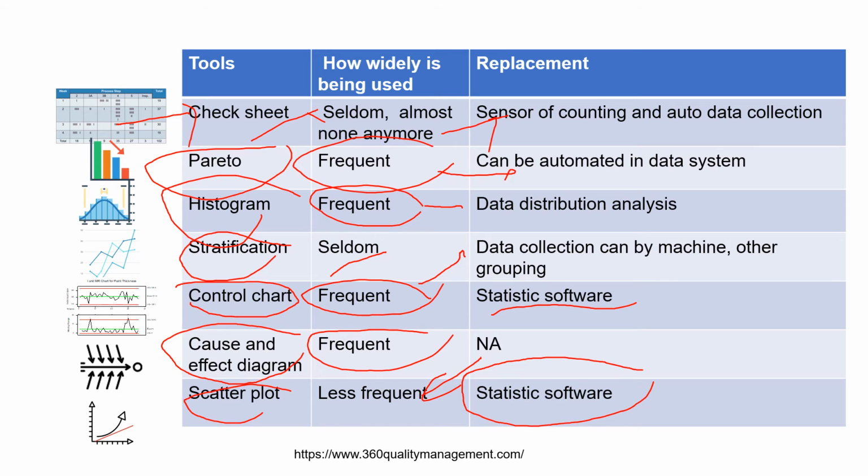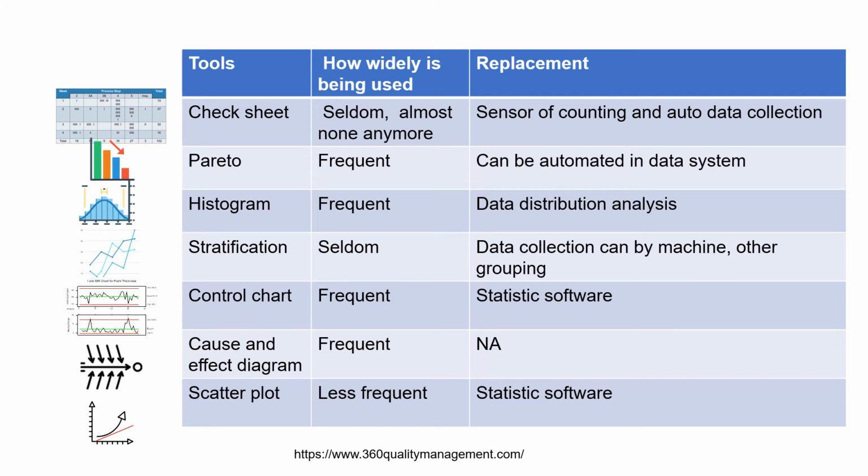From the list of the tools here, it seems that there are two tools that are not much in use anymore. Therefore, it is also better to replace some of these tools with more current tools, such as 5 Whys, or more sophisticated tools such as DOE and ANOVA analysis, which give accurate insight into the data.